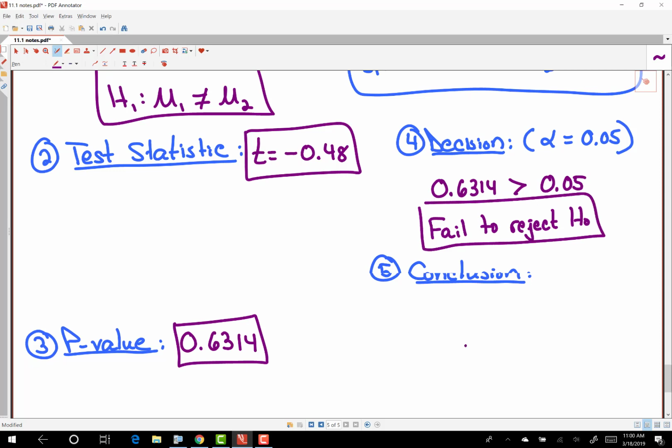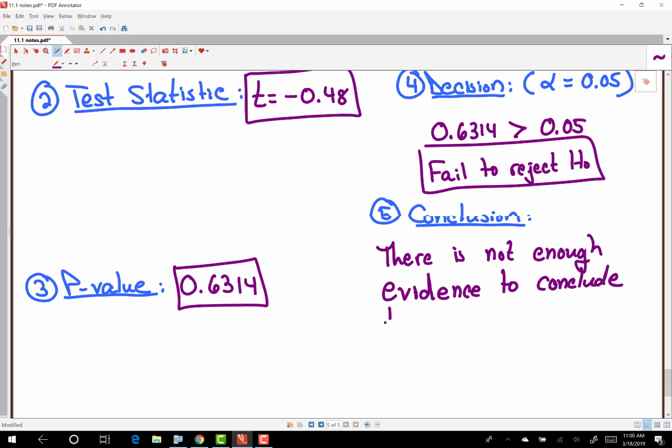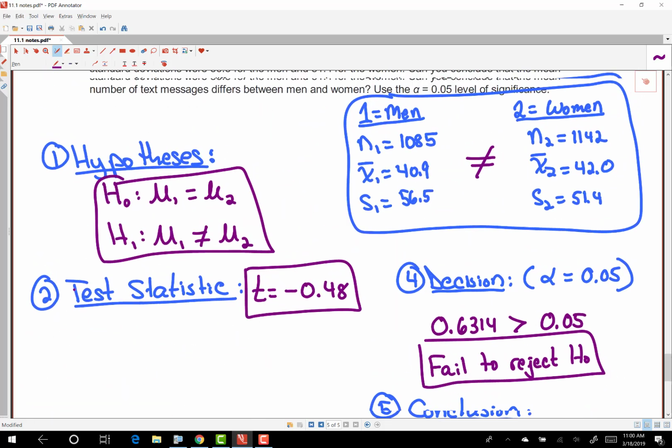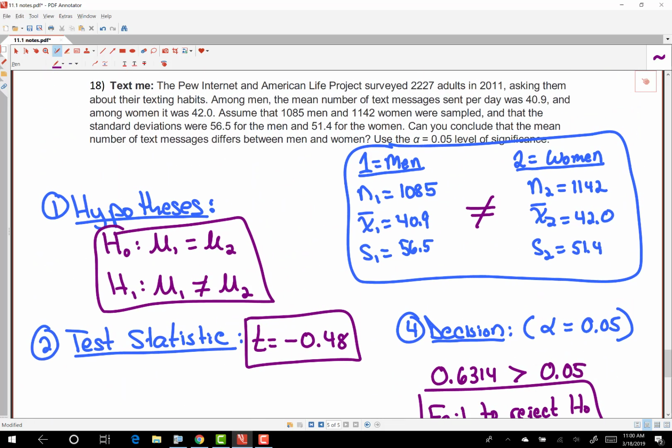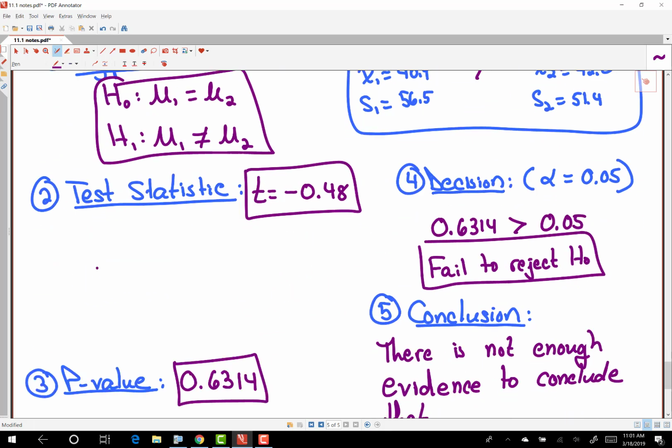And so our conclusion is there is not enough evidence to conclude that... And like I said, I kind of like to let the wording of the question guide me in the wording of the conclusion. Can you conclude that the mean number of text messages differs between men and women? And so there is not enough evidence to conclude that the mean number of text messages differs between men and women.